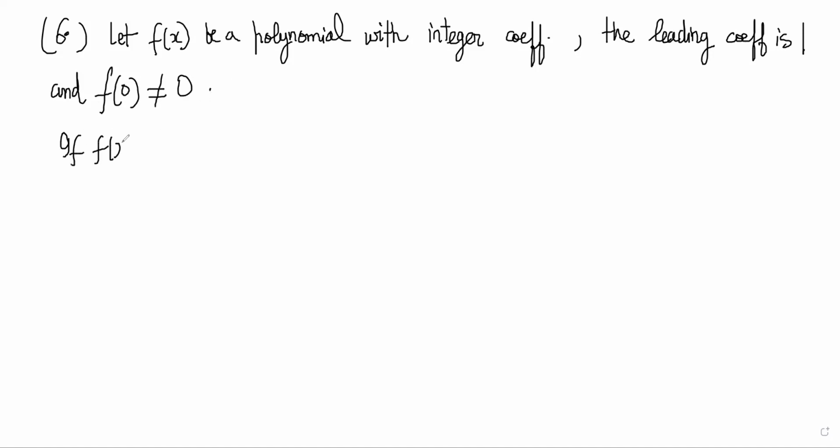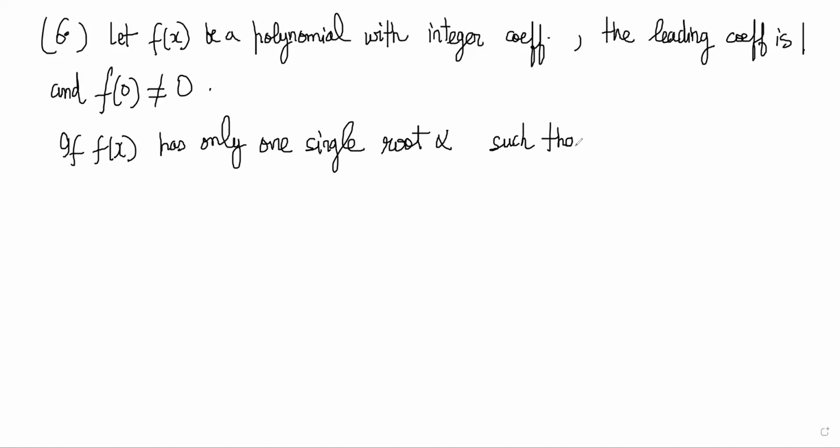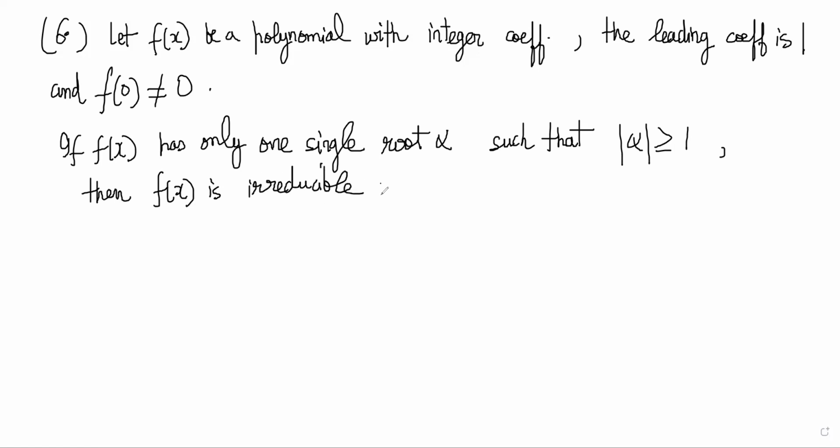If f of x has only one single root alpha, such that mod of alpha is greater than or equal to 1, then f of x is irreducible in Z of x. Now, you will not encounter this too many times, but in case, I'm just letting you know, this is a nice criteria.